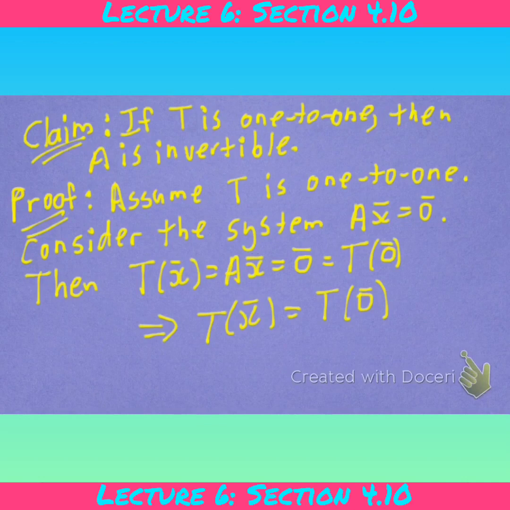And because T is 1 to 1, it means that x bar is equal to 0 bar.